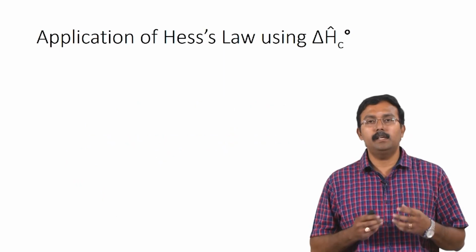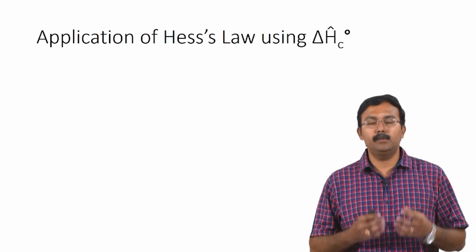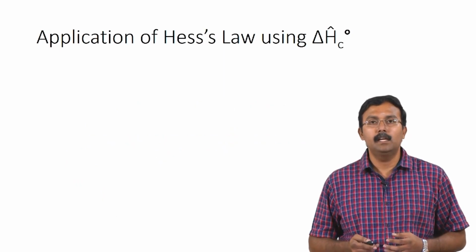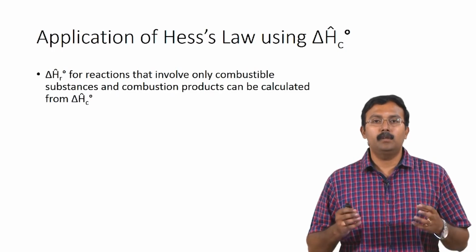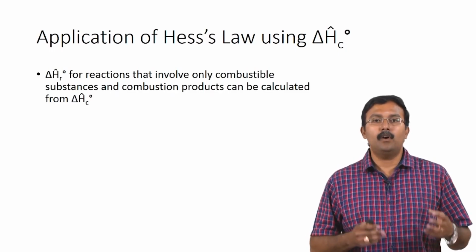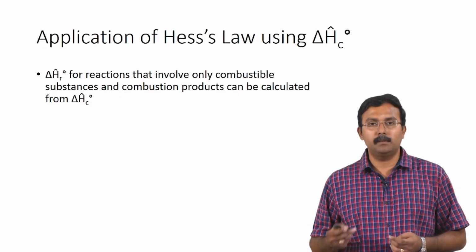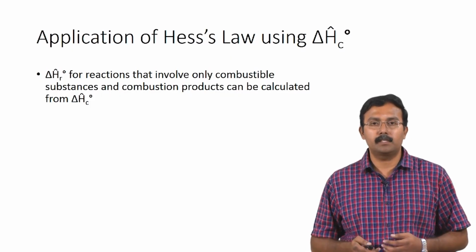So, just like how we did heat of formation and used Hess's law to calculate heat of reaction, we can use heat of combustion to calculate heat of reactions for reactions that involve only combustible substances and combustion products.